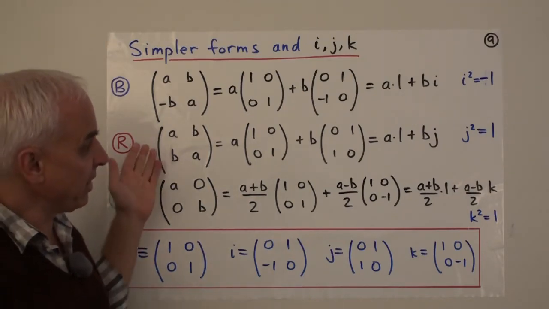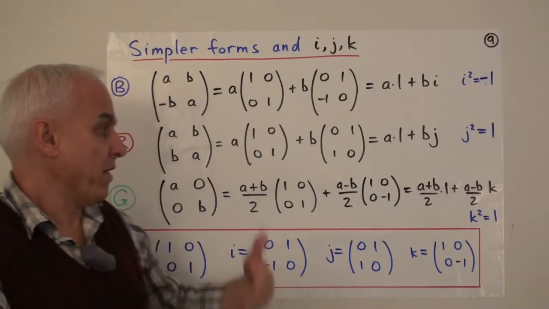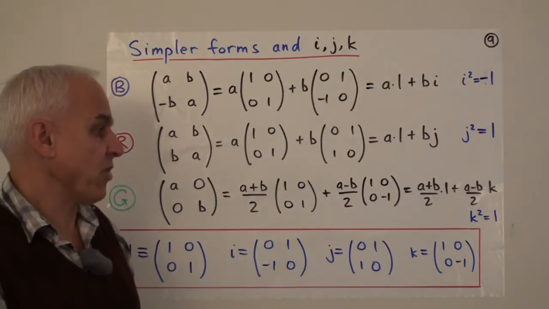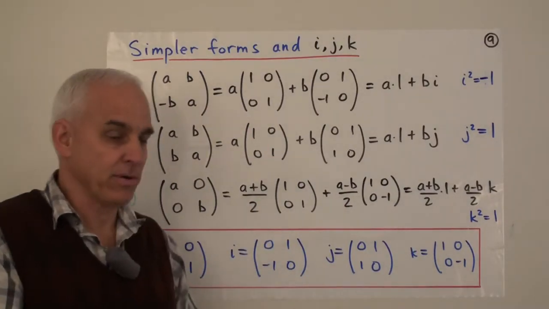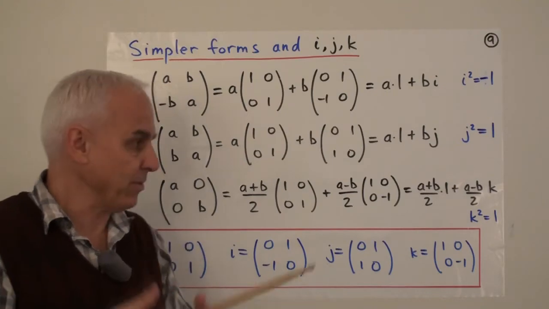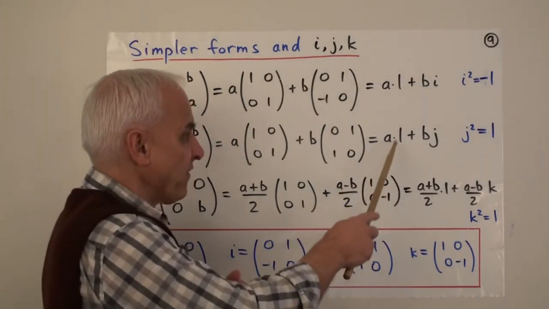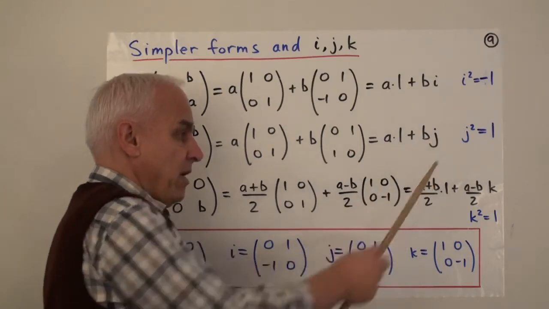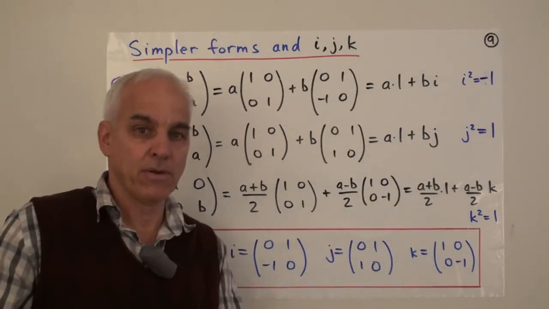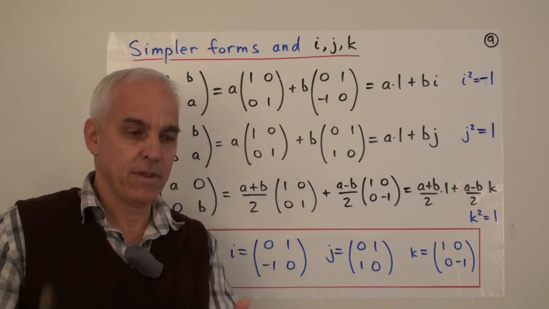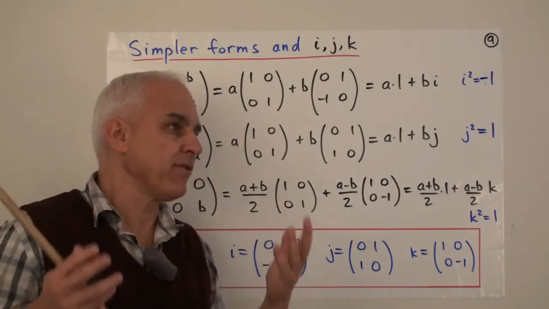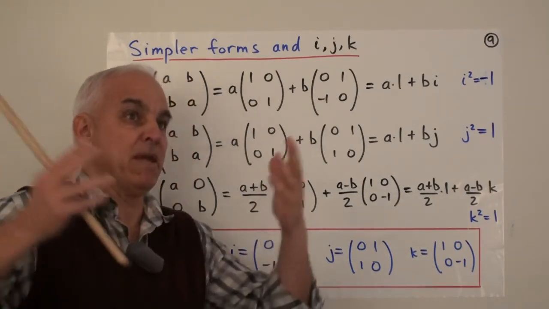Okay, so what we're doing here is recovering one of the ways of describing these tessarines or split complex numbers or double numbers. They're often written as expressions of the form a plus bj, where j is some symbol whose square is 1. And maybe you're left with this question, what does j really mean?